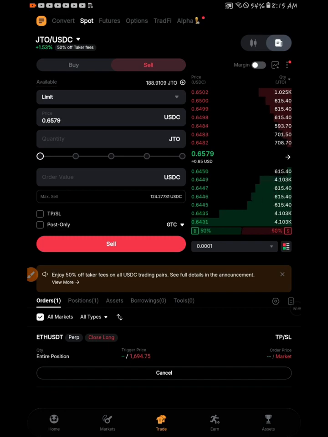So you are not literally responsible for the price at which you'll be selling and the price at which you'll be buying when you use market order. It is randomly based on the prices on the order book. So that's the more reason I do advise my students to stick to limit order. So that way you can be accountable of the price at which you buy and the price at which you'll be selling.